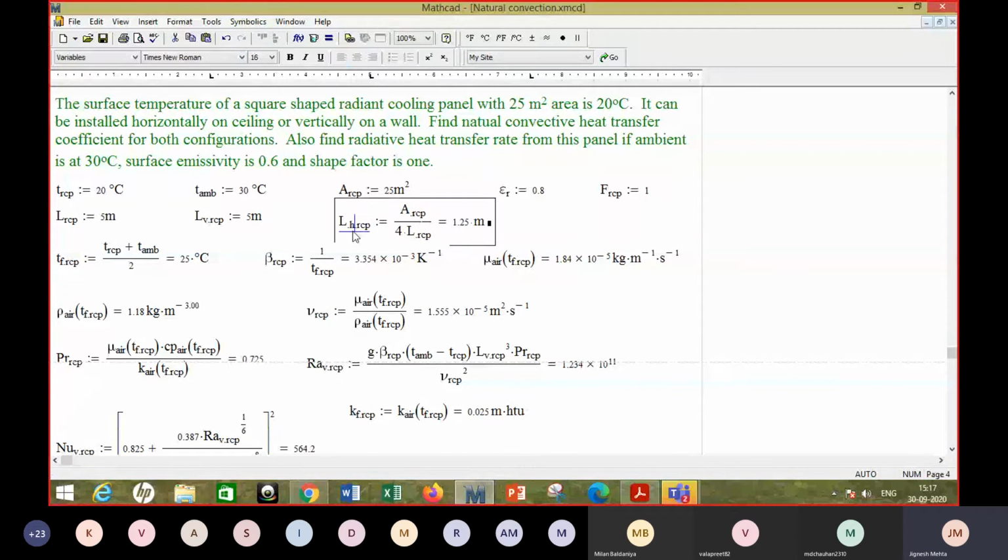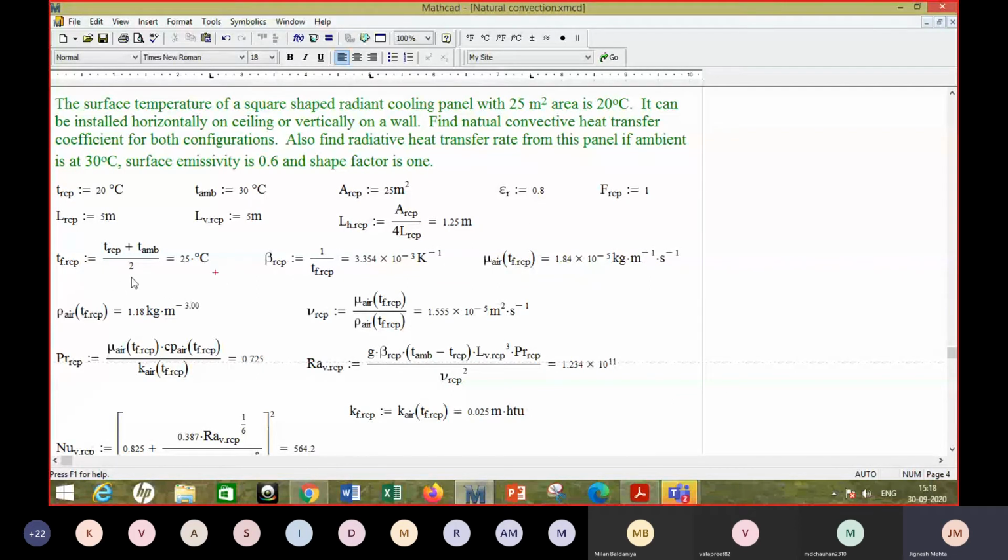In case of a horizontal plate, the characteristic length is area upon perimeter. The perimeter is 4 times the length, so the characteristic length is not 5 meters but 1/4 of that, which is 1.25 meters, since 25 upon 20 is 1.25. So the characteristic length is quite different for the horizontal plate as compared to the vertical plate.